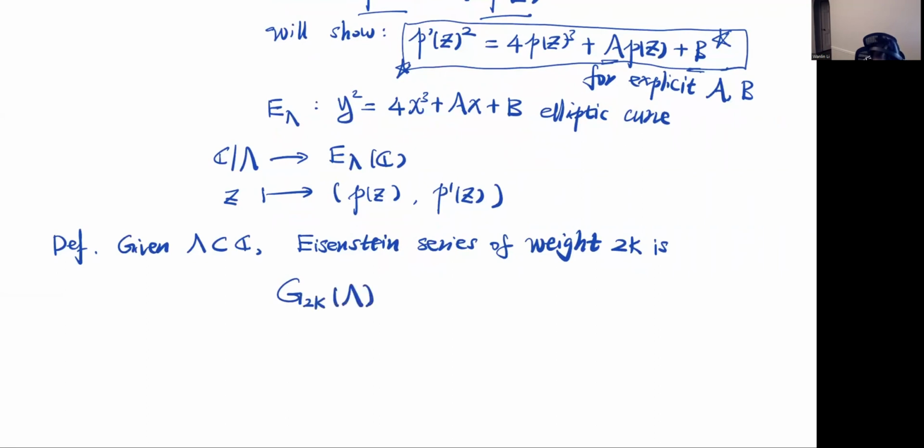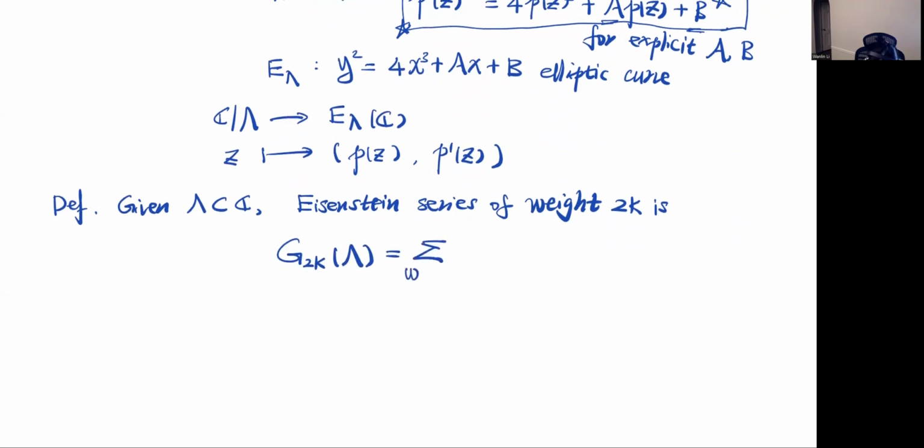Given a lambda, it's a value: the summation over omega in lambda, omega not equal to 0, of 1 over omega to the 2k.